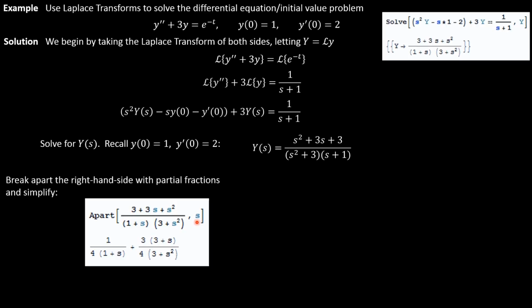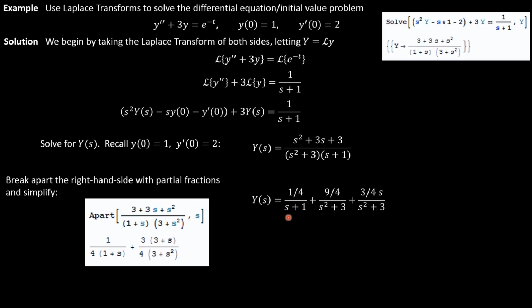So you end up with this. That's a plus sign. It's kind of hard to read. These are all plus signs, actually. And I took the liberty of splitting this apart into 9/4 over s squared plus 3 plus 3/4 s over s squared plus 3. So that's what I've written here.